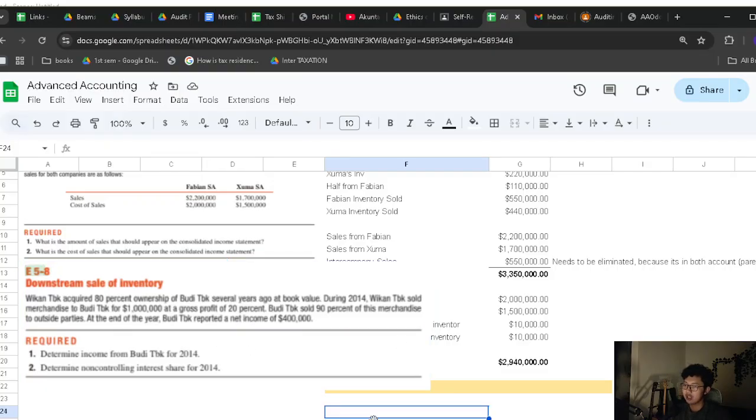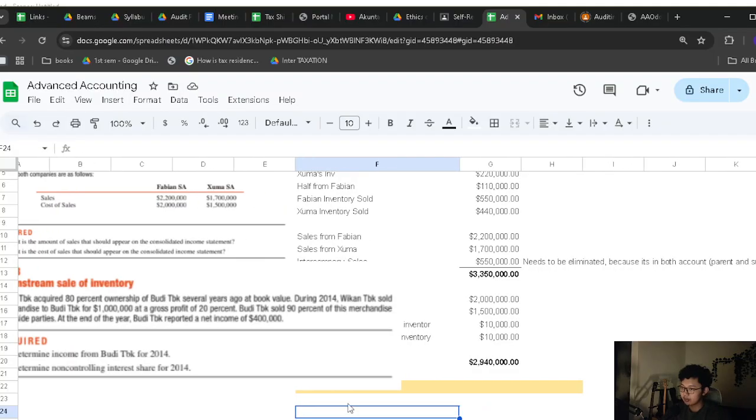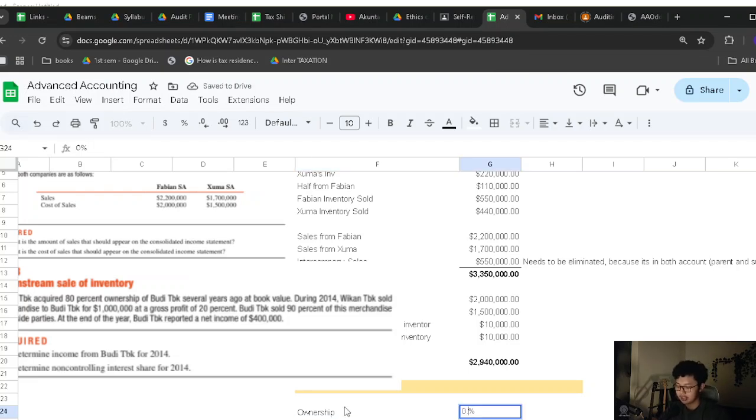Okay, so what we can do first is list the ownership of the parent, right? So the ownership is like 80%, 20%, like that. And then they have a merchandise sold of 1 million.